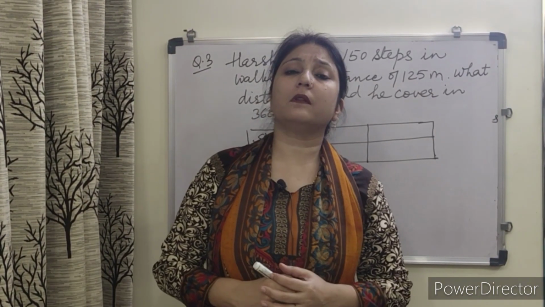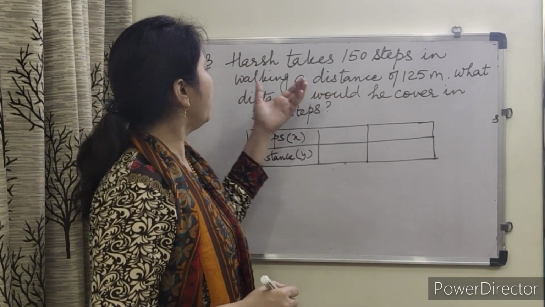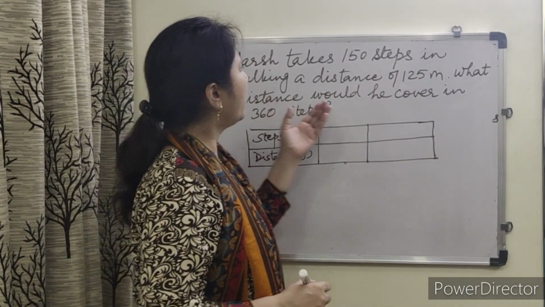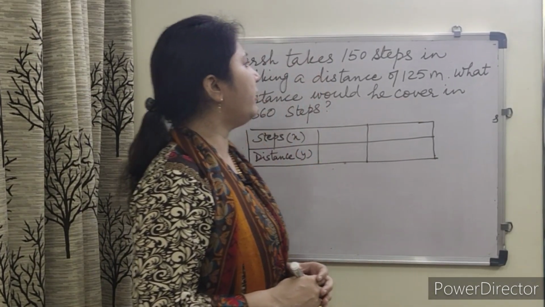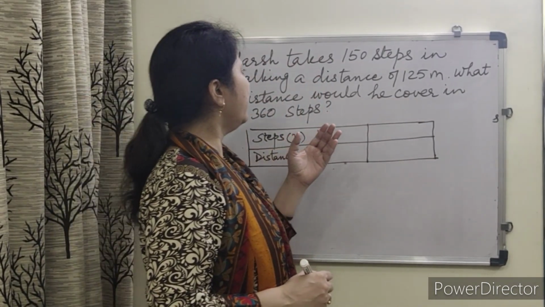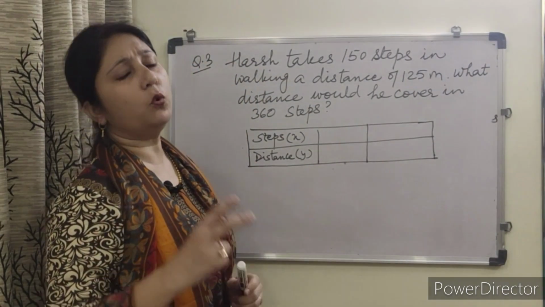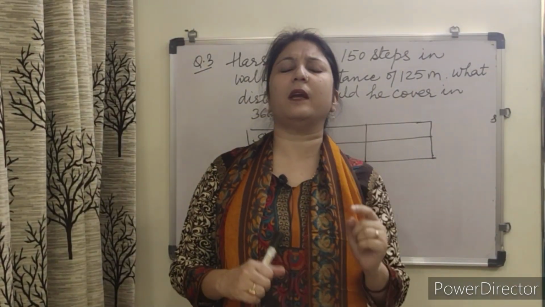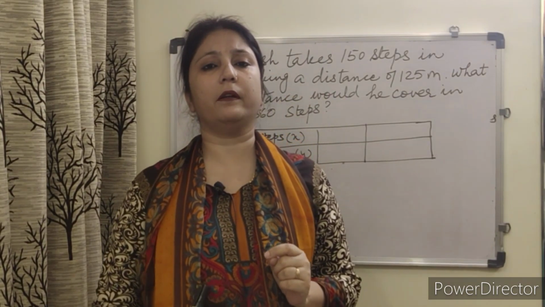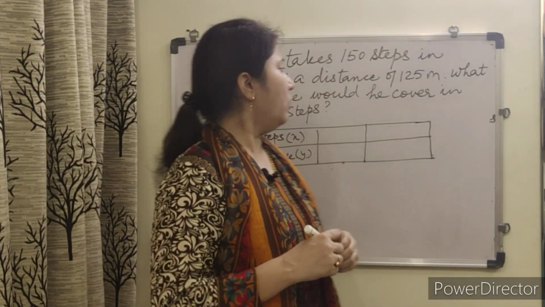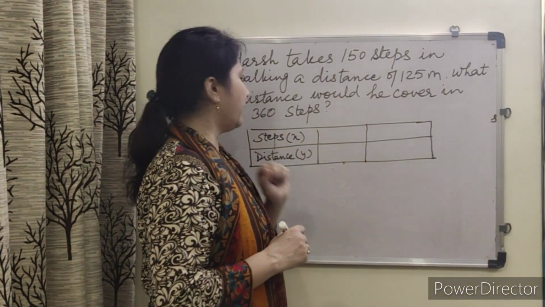Now students, I have taken a word problem for you. Harsh takes 150 steps in walking a distance of 125 meters. What distance would he cover in 360 steps? Two quantities are there: one is steps, another is distance covered, in meters.